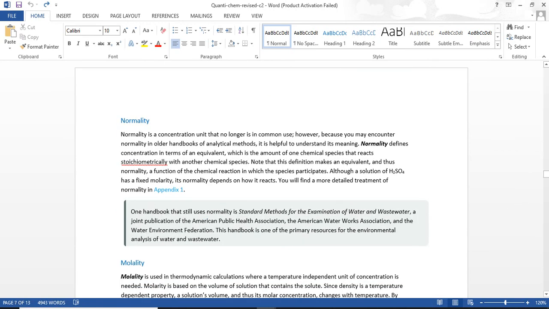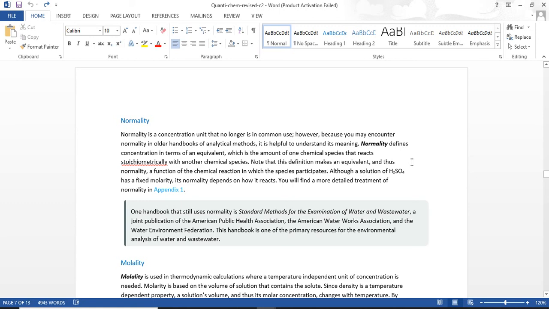Normality is a concentration unit that is no longer in common use, however you may encounter normality in older books or analytical methods, so it is helpful to understand it. Normality defines the concentration in terms of equivalents, which is the amount of one chemical species that reacts stoichiometrically with another. Note that an equivalent depends on the chemical reaction in which the species participates.